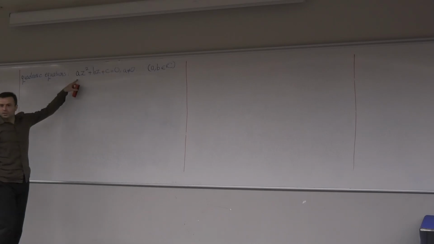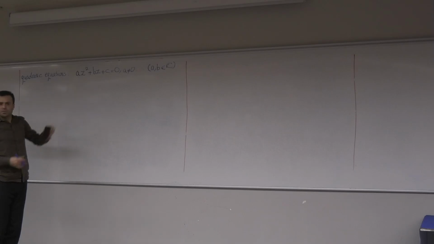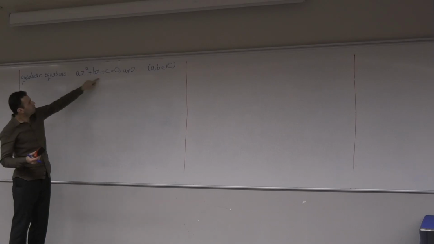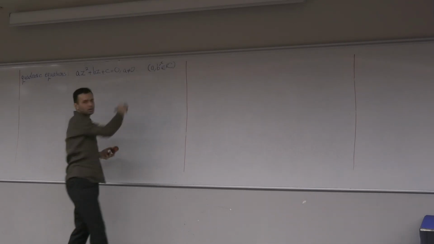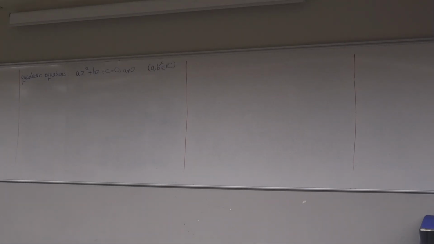This coefficient a, we are taking it non-zero, because if it is 0, then this is just a linear equation, right? And all of these coefficients are complex numbers. How can we solve this equation?